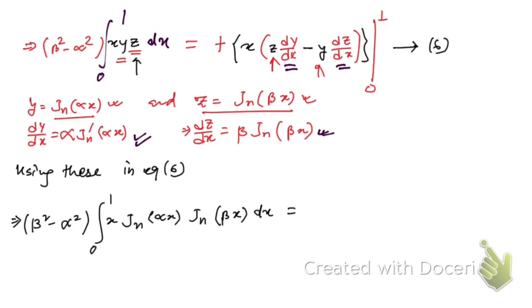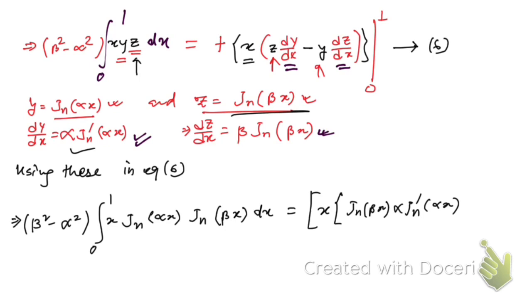On the right hand side, x remains as x, then z will be nothing but Jn of beta x, then dy by dx is this, that is alpha Jn dash of alpha x, right?